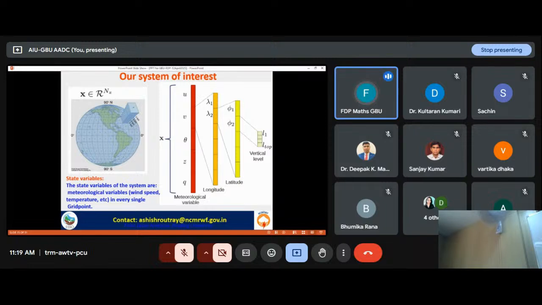So same equation, same advection, same diffusion, same parameters, whether it is applicable to the Himalayan region, whether it is applicable to the Rajasthan region.